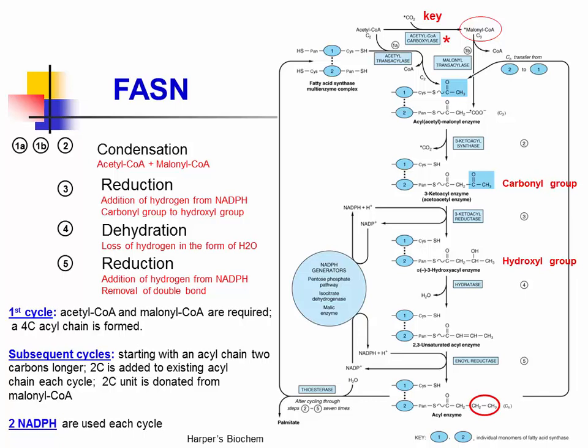So the first steps, 1A, 1B, and 2, actually 3 steps together, is called a condensation reaction, right? And then the reduction reaction, dehydration reaction, and second reduction reaction. So when all these reactions are complete, you are adding only 2 carbons.